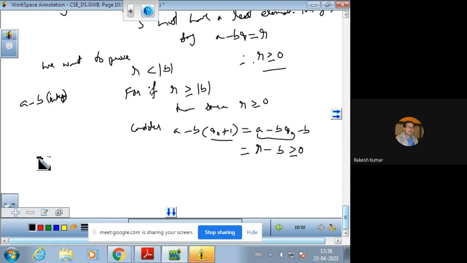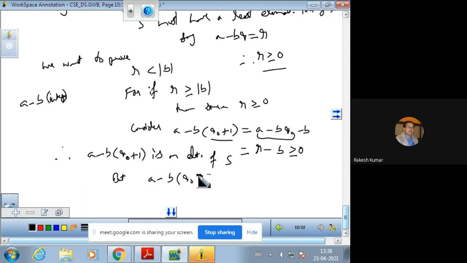Thus, a minus b into q naught plus 1 is an element of the set S. But है क्या ये? a minus b into q naught plus 1 is less than a minus b q naught. ये इससे छोटा आएगा. क्यों? क्योंकि इसमें b कुछ सब्ट्रैक्ट हो रहा है. जैसे देखिए इसकी वैल्यू कितनी है, a माइनस बी क्यू नॉट माइनस बी. सो a माइनस बी क्यू नॉट से b कुछ और सब्ट्रैक्ट होगा, तो इस वैल्यू से अगर b और सब्ट्रैक्ट होगा तो वो वैल्यू इससे छोटी होगी.